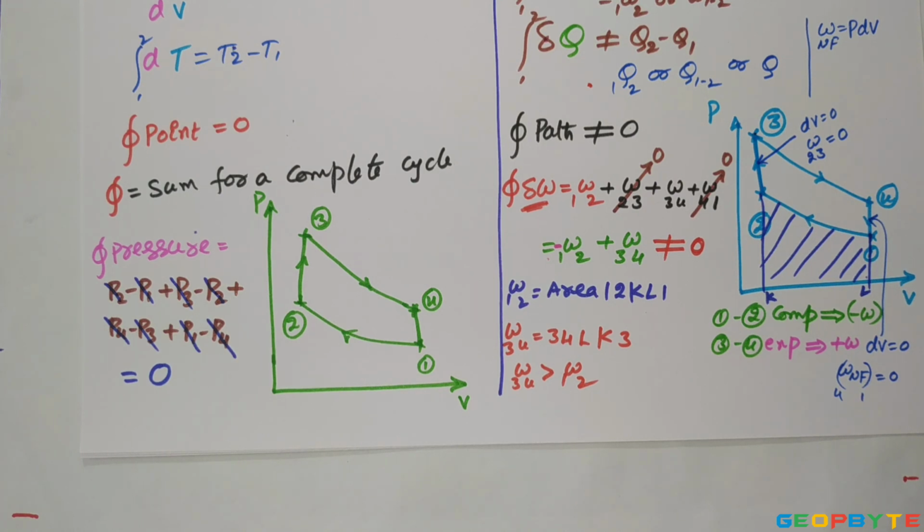That means the love and affection depend not only on the initial state but also on the route followed by the process. Therefore, love and affection is a human life path function quantity, whereas gold, silver, and bank balance all come under human life properties of the system. Human life properties are human life point function quantities.